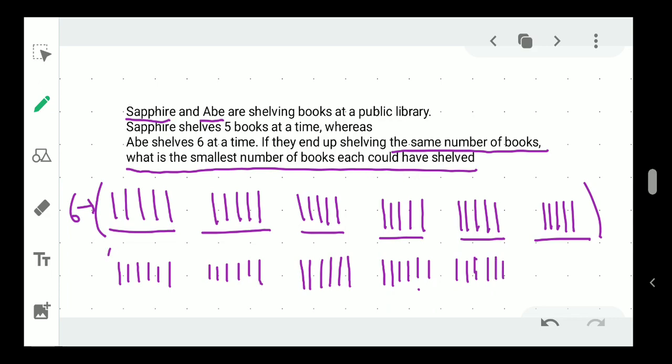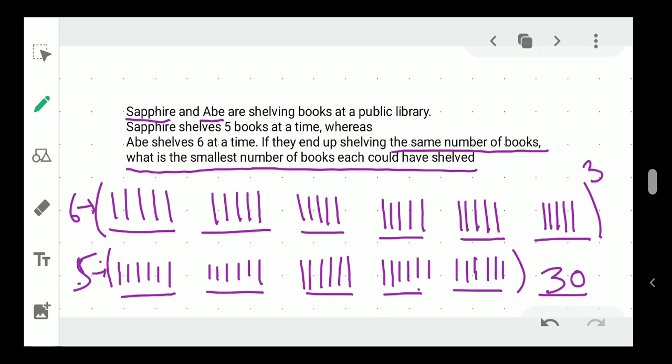So you can see that 5 times Abe has to do it, and in 5 times she sells a total of 30 books. Here also she will do a total of 30. That means they both are coming to a common number. When they come to a common number, that is your LCM.